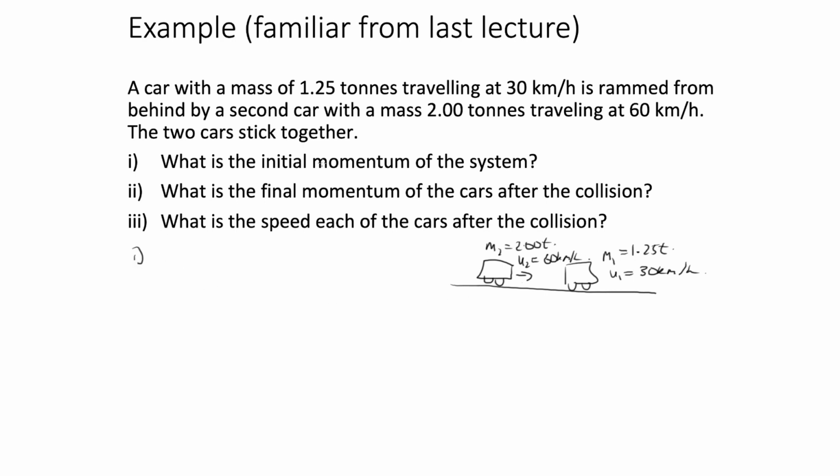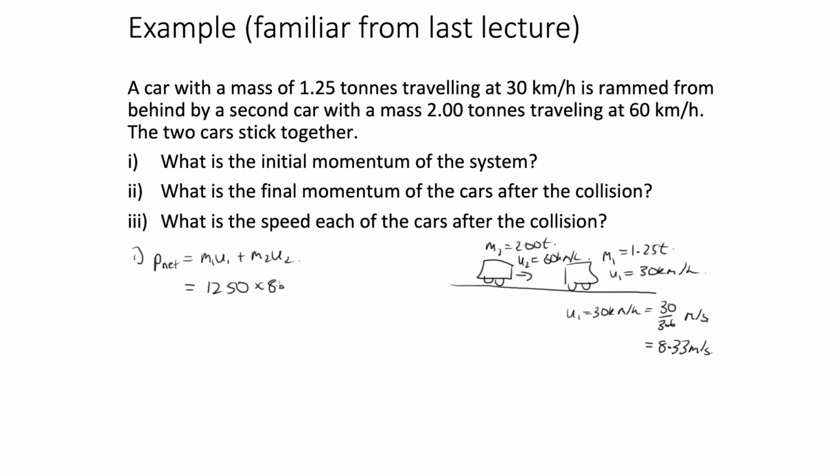So in part 1, we're asked what is the initial momentum of the system. So P net is equal to M1U1 plus M2U2. So this is equal to 1,250 kilograms, since 1 ton is 1,000 kilograms, times U1. U1 is equal to 30 kilometers per hour, which is 30 over 3.6 meters per second, which is equal to 8.33 meters per second.